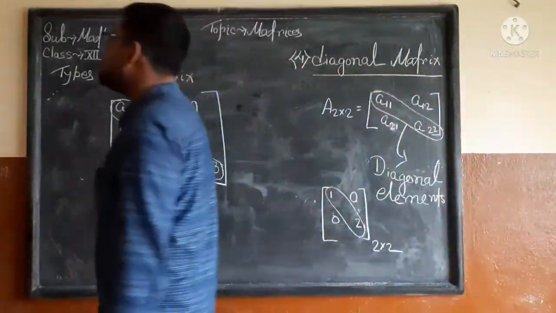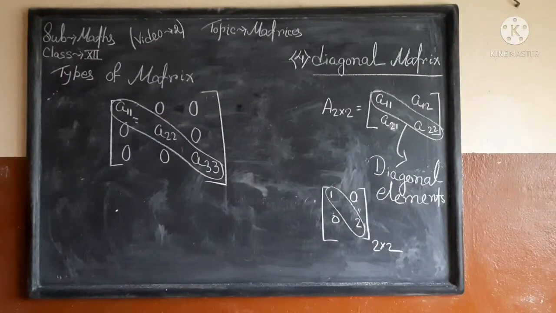So this is the general form of the diagonal matrix.